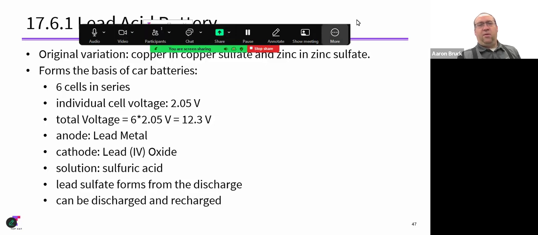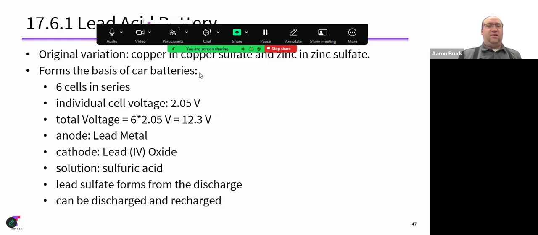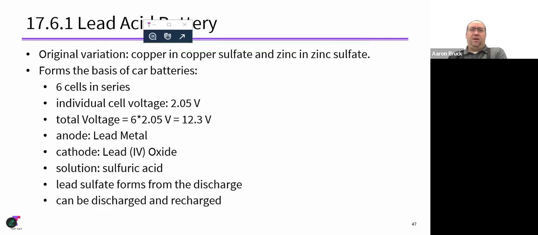Probably one of the batteries that you are the most familiar with is the lead acid battery. The lead acid battery and its variants are used in car batteries.